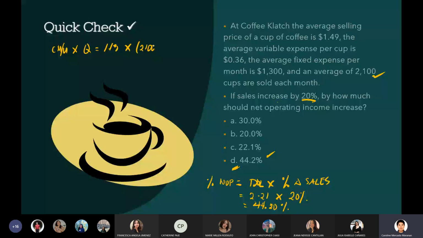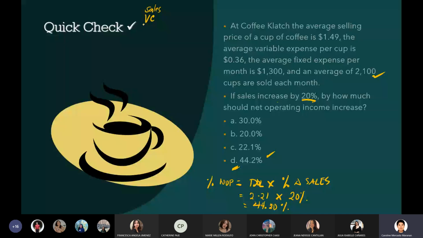This is your total CM. Let me show it instead so you understand better, in one computation. We have here sales, variable cost, contribution margin, fixed cost, and net operating profit.